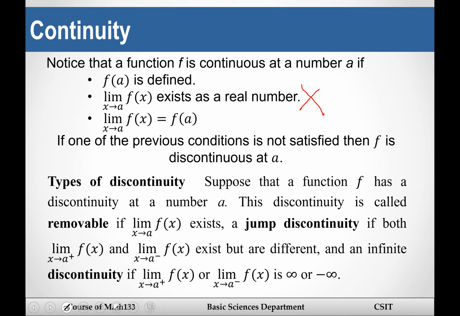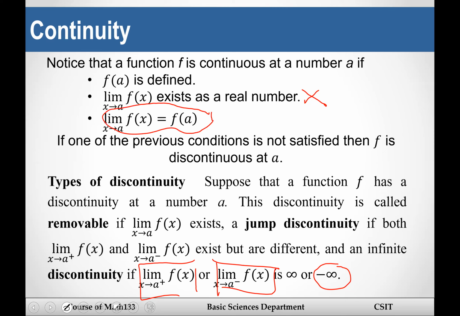The third one is infinite discontinuity. So if we have one of the limits to the right or to the left equal to plus or minus infinity. So still we are in the case where this condition is not satisfied.